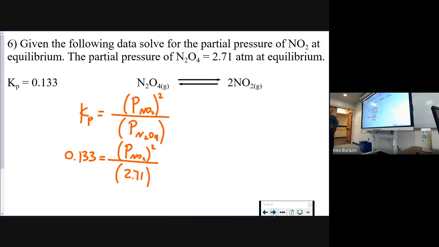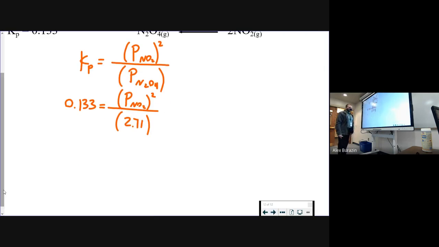Now it's just L's, right? 1.33 equals x squared over 2.71. So I can multiply both sides by 2.71. I'll show all the intermediates, I guess, just for fun. And I get on the left-hand side 0.36043.